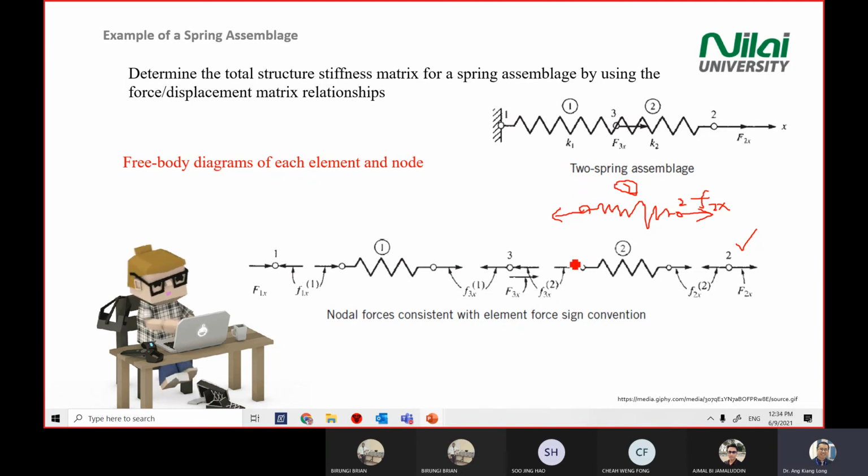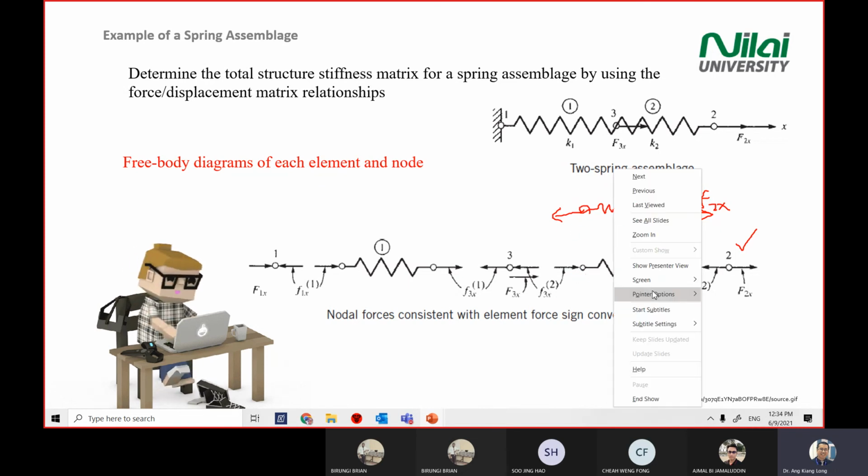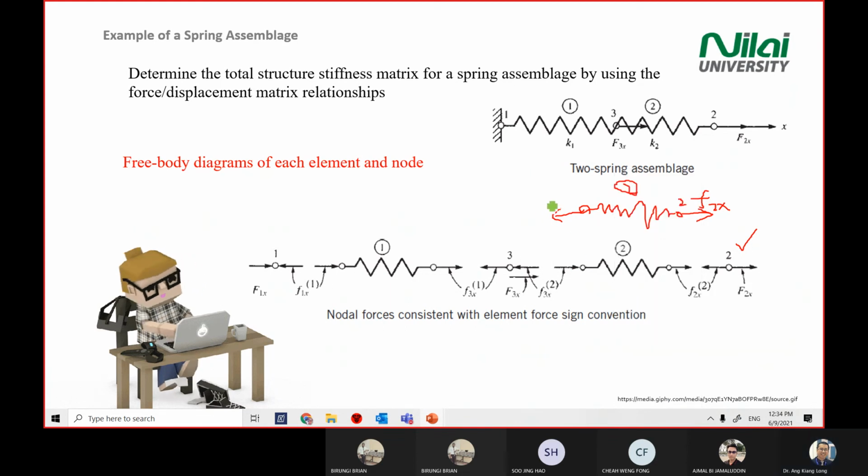However, if you look at this diagram here, it is pointing to the right. So maybe for this case, we will stop for a while. Then we will judge based on the logic that we can derive from here.